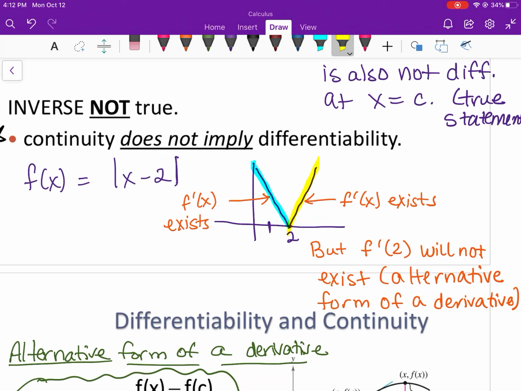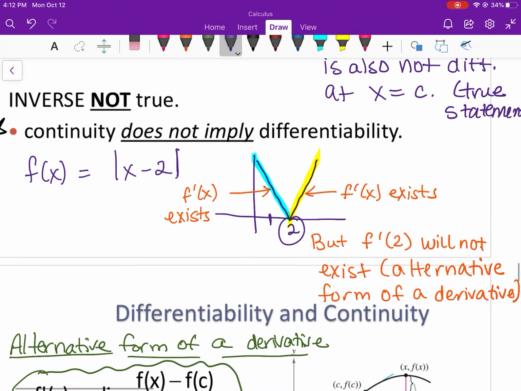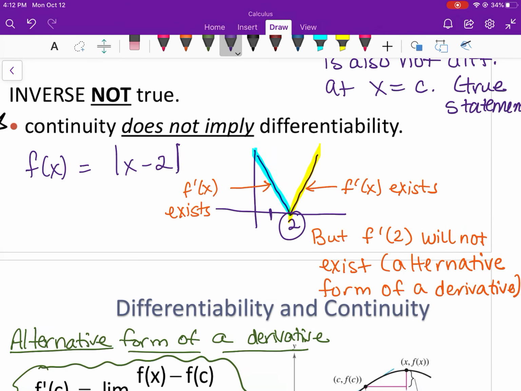Those are just the slopes of those two lines. But at 2, I cannot find the derivative, and I'll show you why in a little bit when we look at the alternative form of a derivative. So even though this function is continuous all the way from negative infinity to infinity, it is not going to be differentiable at 2.